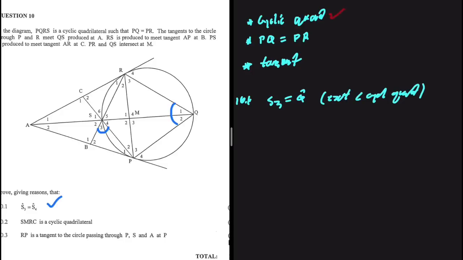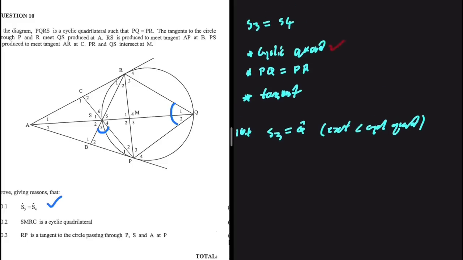What else am I realizing? Let me move to the following keyword: PQ is equal to PR. Let's see what the consequence of that is going to be. PQ subtends angle R3 and PR subtends angle Q. So that will tell us that Q is equal to R3, because PQ is equal to PR.